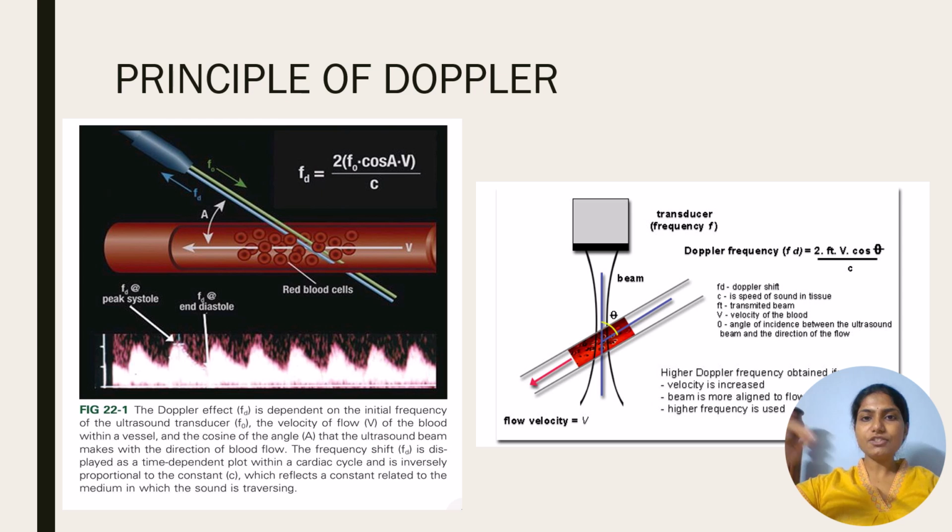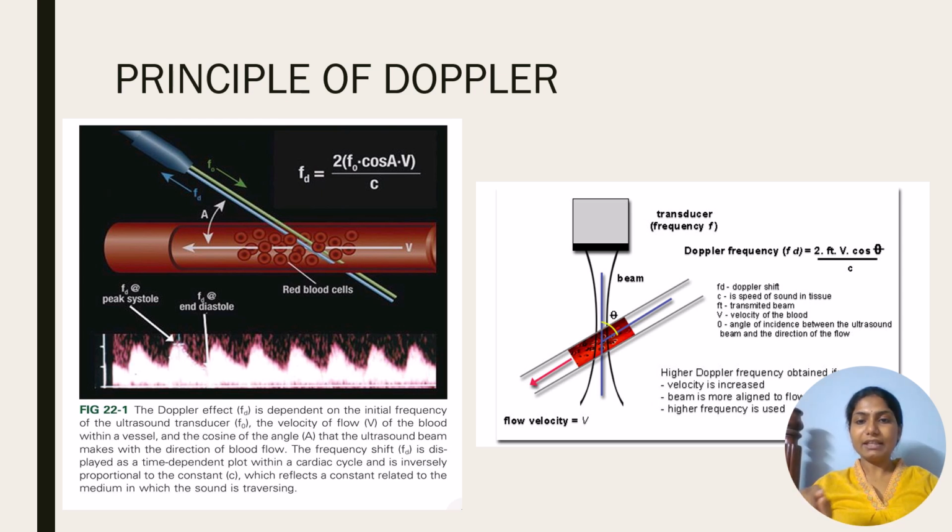The frequency shift which occurs between these two is called the frequency shift or the Doppler frequency. This is entirely dependent on the velocity of the blood flow, or the velocity at which the RBCs are flowing inside the vessel. This is depicted in an equation form.